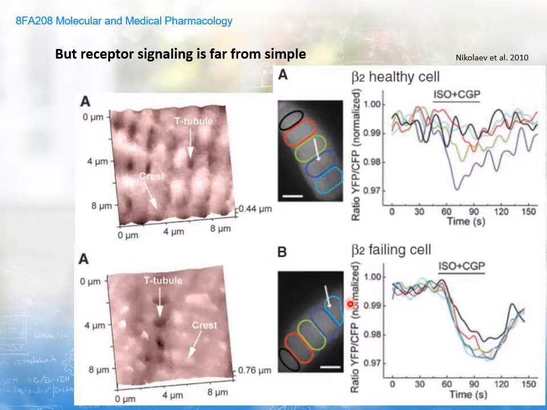When the cell is stimulated in one spot, cyclic AMP concentrations increase throughout the cell. And this is characteristic of a failing cell. Well, what that means is that we can no longer look at receptor signaling by taking an average approach over the entire cell. We need to look at different domains within a cell in order to understand it better.